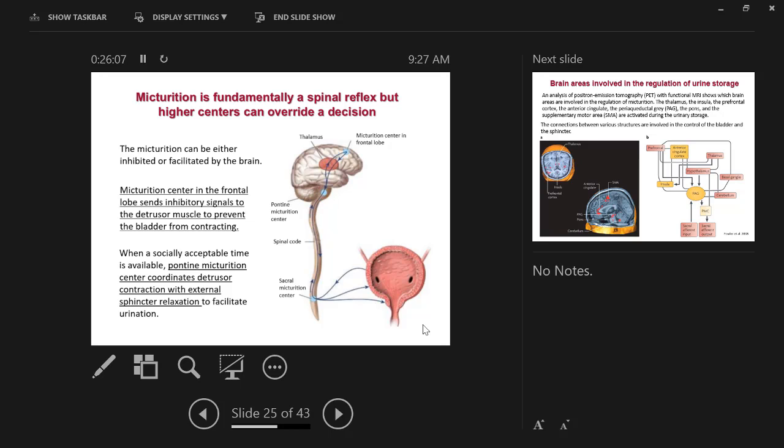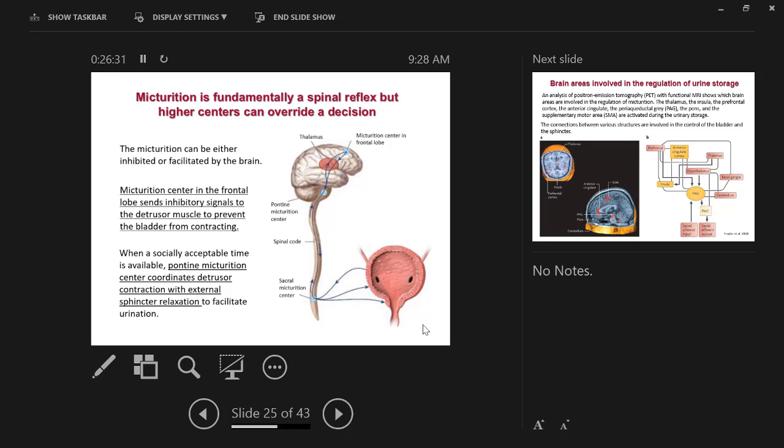watching those reflexes, which means that the micturition center in the frontal lobe sends inhibitory signals to the detrusor muscle to prevent the bladder from contracting. And so this sends a signal to inhibit all the way from the central lobe.